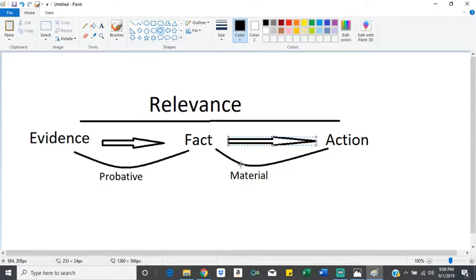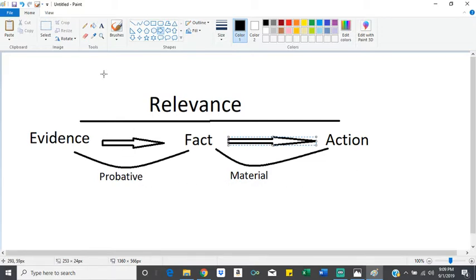Is that material? Is that a fact of consequence in determining the action? Yes, it is. And that's how you make that jump from here to here. And it's important to be able to explain your inferences, especially to a law school professor.